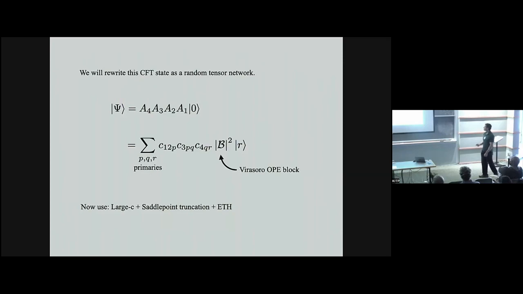Secondly, I'm going to assume the eigenstate thermalization hypothesis in the way that I just explained. And that means that these OPE coefficients here become known weighting factors times random tensors. At that point, this is just manifestly a random tensor network in the following form.